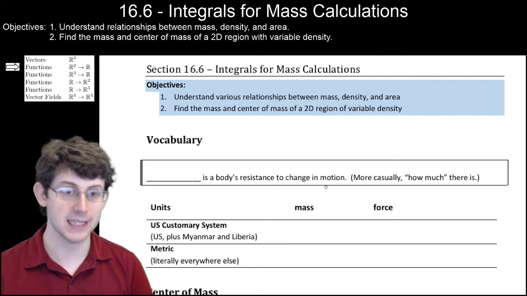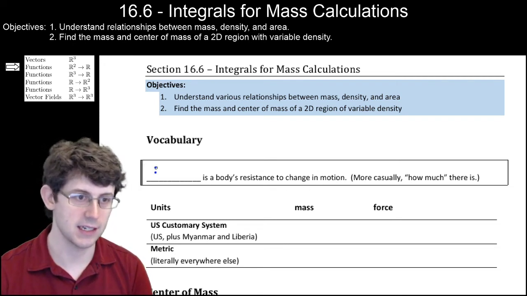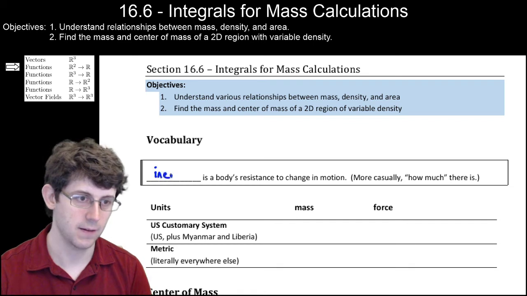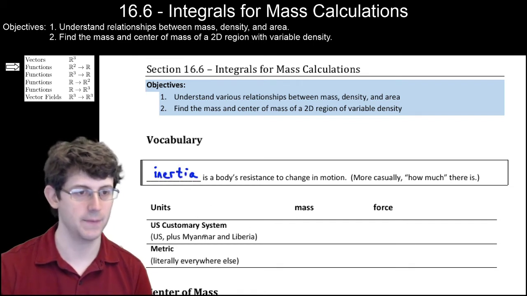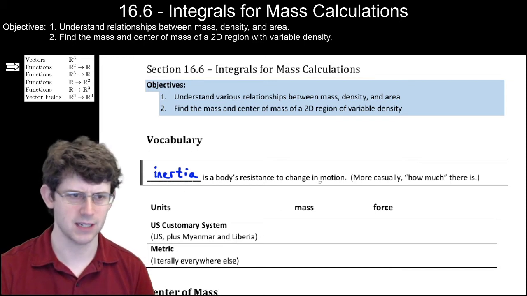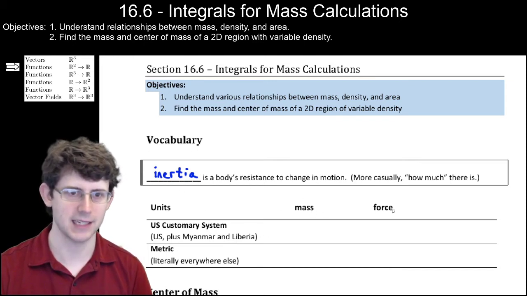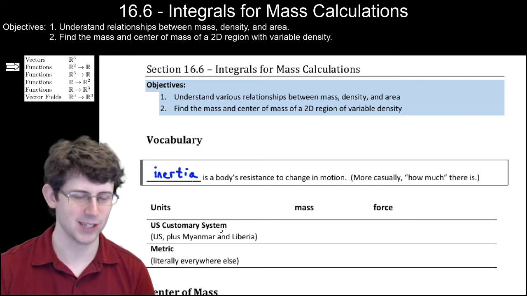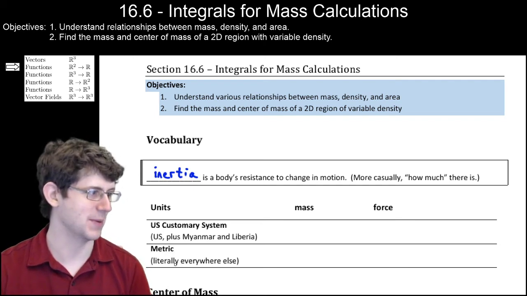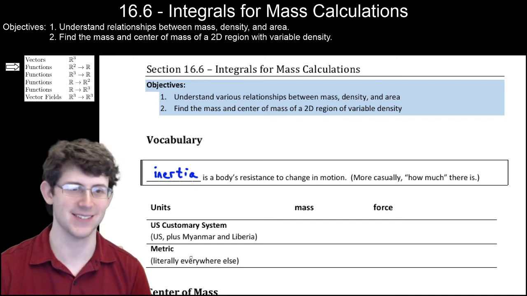If something is resistant to change in motion, that's its inertia. Things with mass seem to have inertia. And we try to measure stuff like this using mass and force. So let's see. The creator of this table apparently has a problem with the fact that the US doesn't use the metric system.